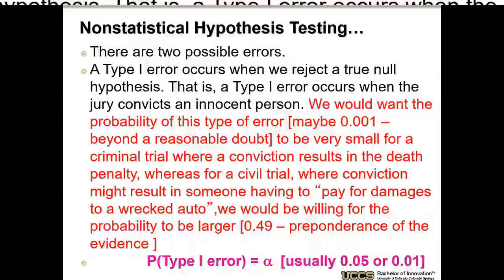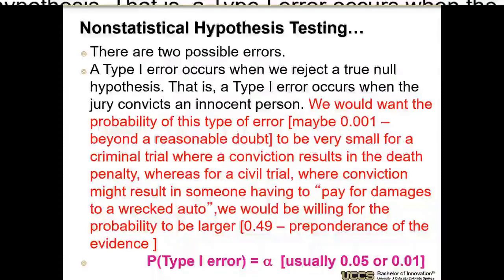So in fact, in trials in the United States, we actually have two standards of evidence. In criminal trials, beyond a reasonable doubt is necessary to convict. In a civil trial, the standard of evidence is a preponderance of the evidence, which is a weaker criterion.